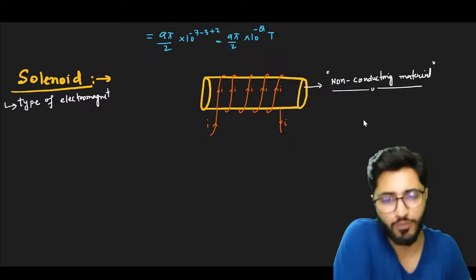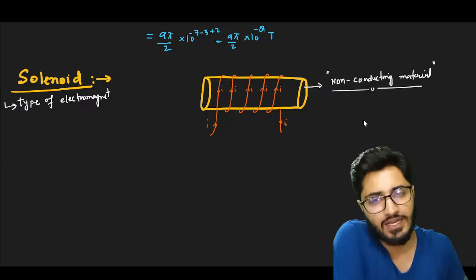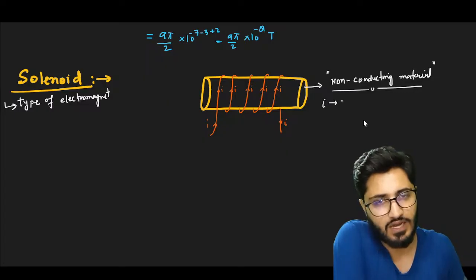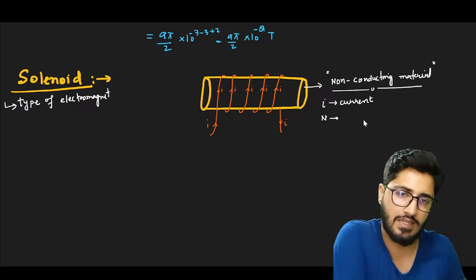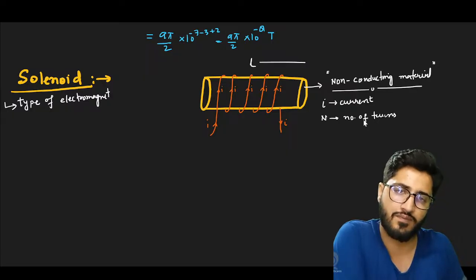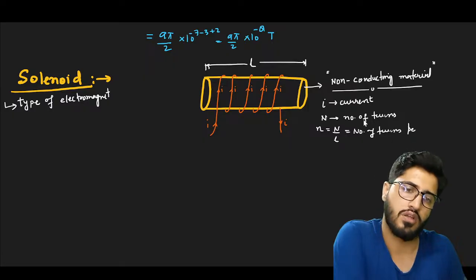Something you need to know now: I is current. Then you will find capital N here, that is the number of turns. If the length is L, you will find small n, that would be N by L, which indicates the number of turns per unit length.